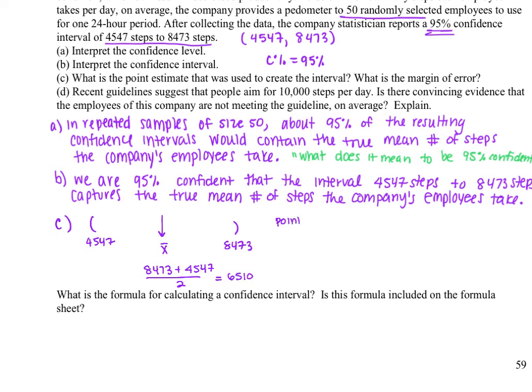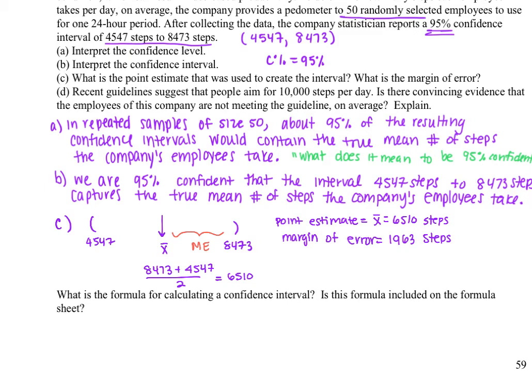So the point estimate is our X bar, which is 6,510 steps. The margin of error is the distance between those. So you can just subtract that. Margin of error is going to be 1,963 steps.